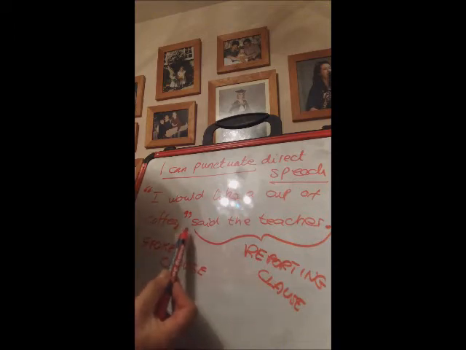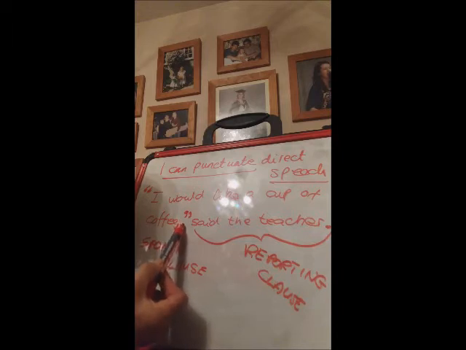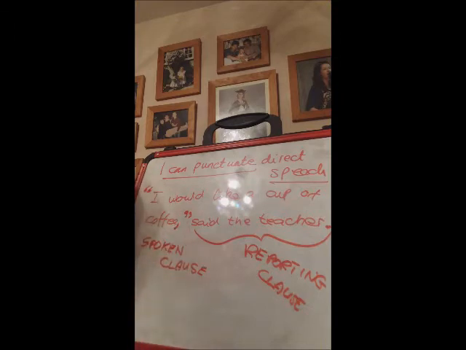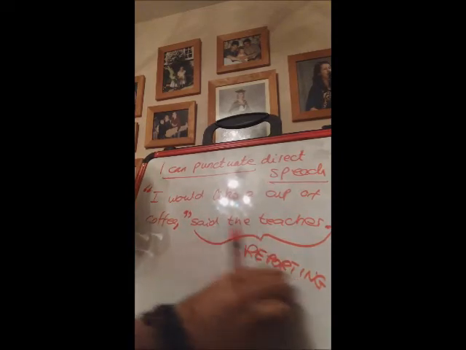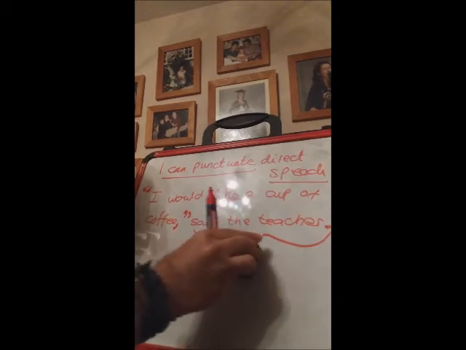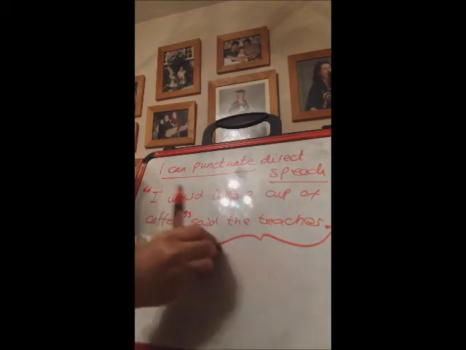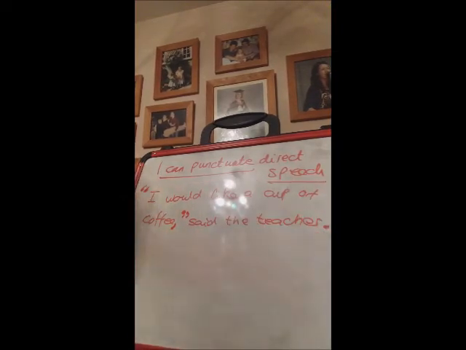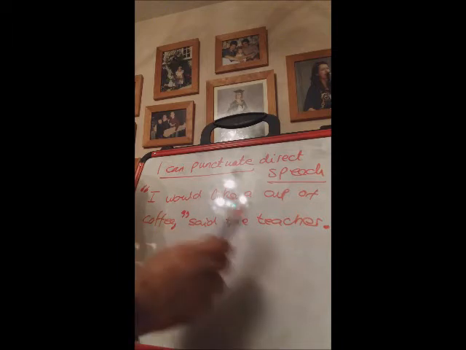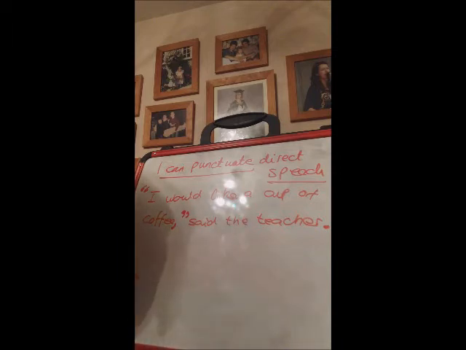Very, very important, boys and girls, before the speech marks. If you put it underneath, just where the tip of my pen is now, that's not the right place. It's got to be before the speech marks. So what we've now got is open speech marks, I would like a cup of coffee, comma, close speech marks, said the teacher, full stop. And that is fully punctuated direct speech.